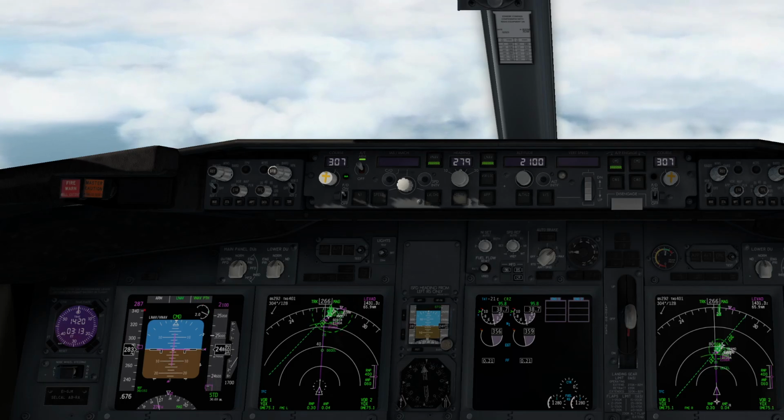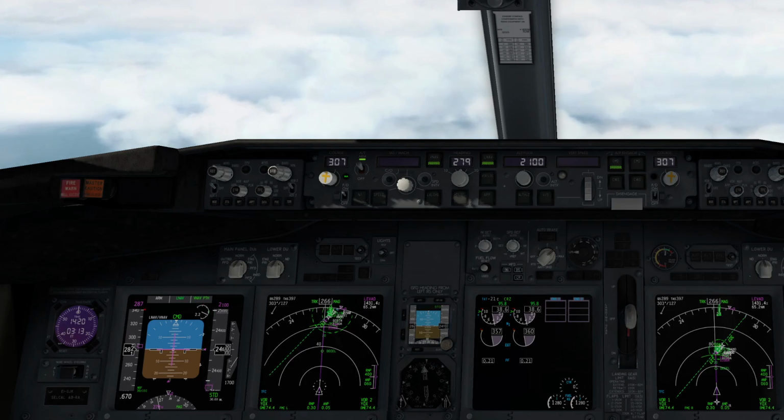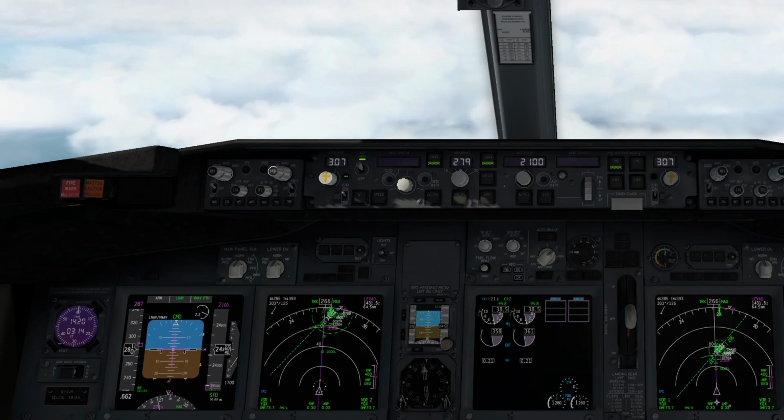So descent rate is now a little more, going back to 1,700 feet per minute. So we need some thrust to maintain the speed. Let the speed decay for the moment, 280.